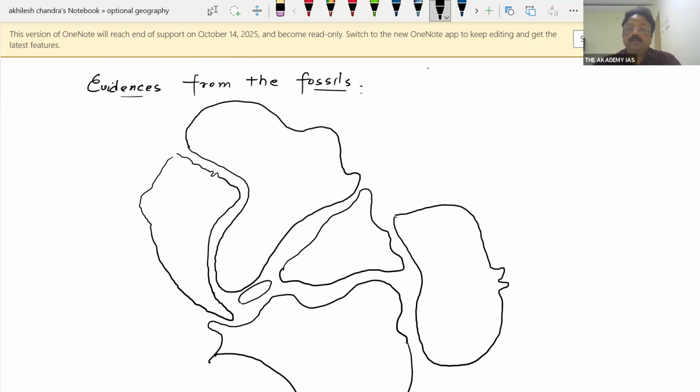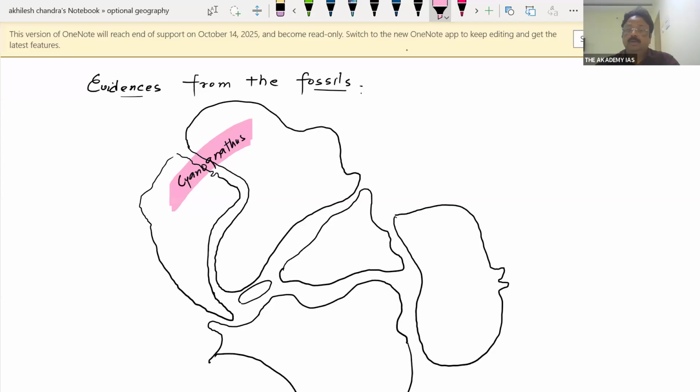And it was found that the fossils like Cynognathus were observed from the northern part of South America as well as Africa.